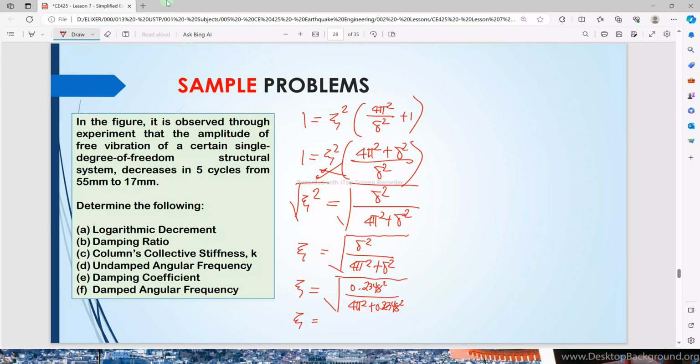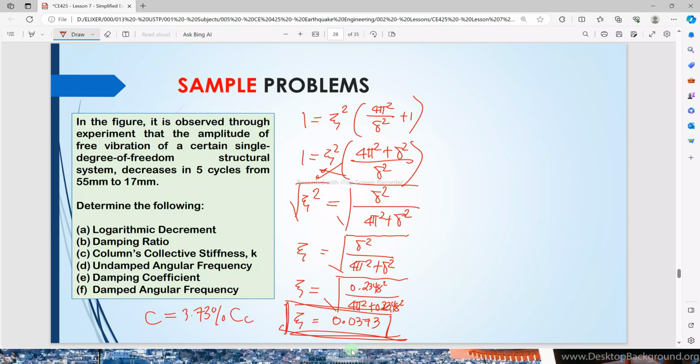Our psi will be equal to 0.0373. So it means that our damping coefficient is 3.73% of the critical damping.